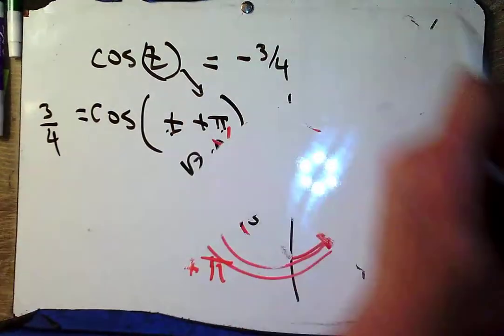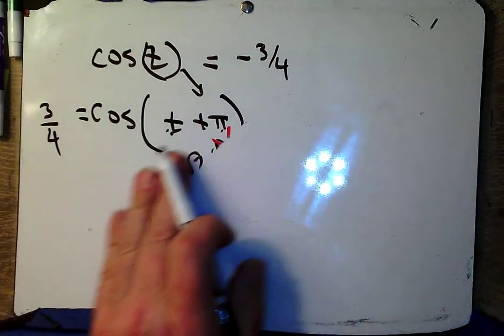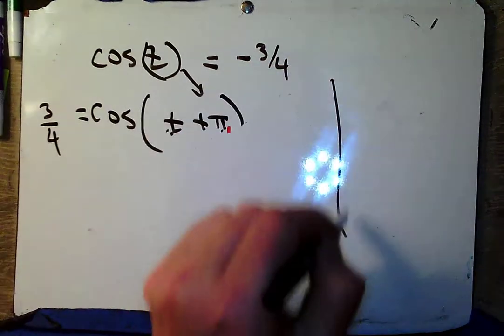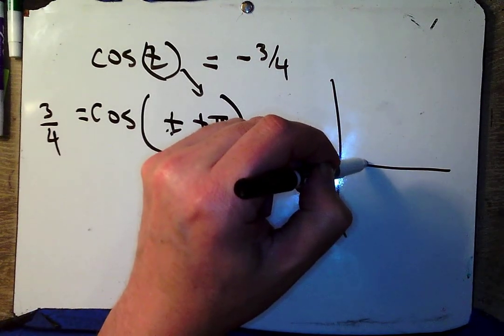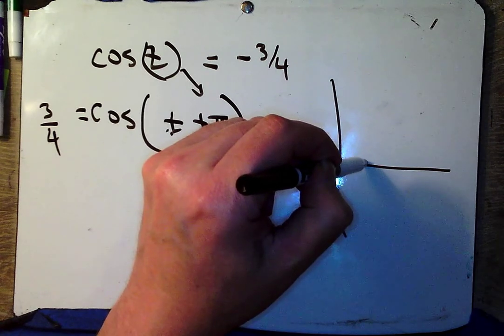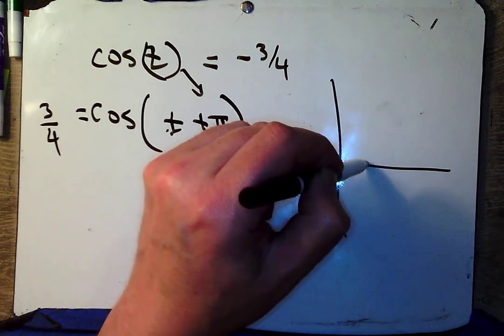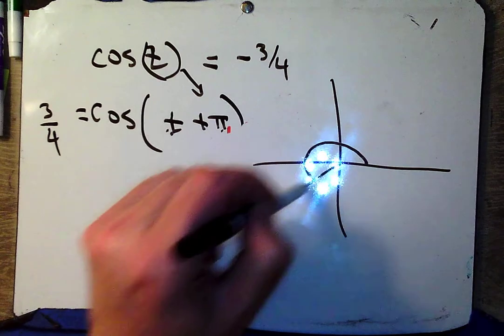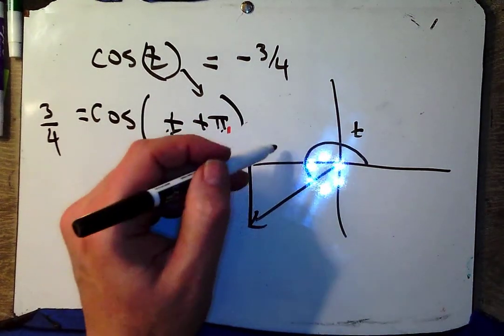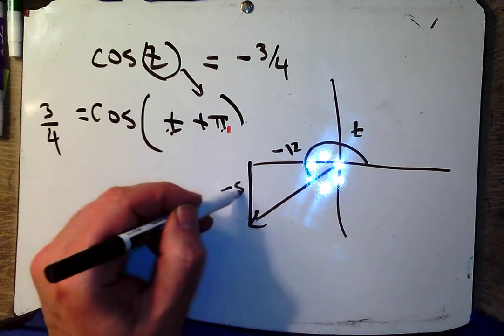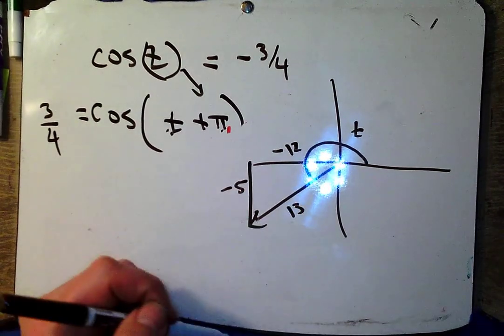I wonder if that works for all cosines. Like, okay, this is what I mean. Let's imagine that our t value was here. There's our t value. And we'll call this negative 12 and negative 5, and that'll be 13.